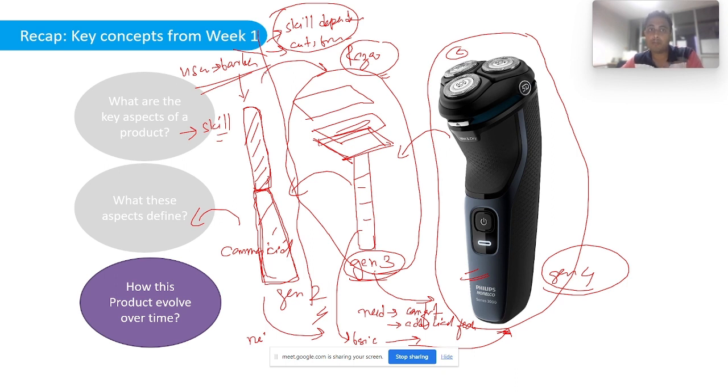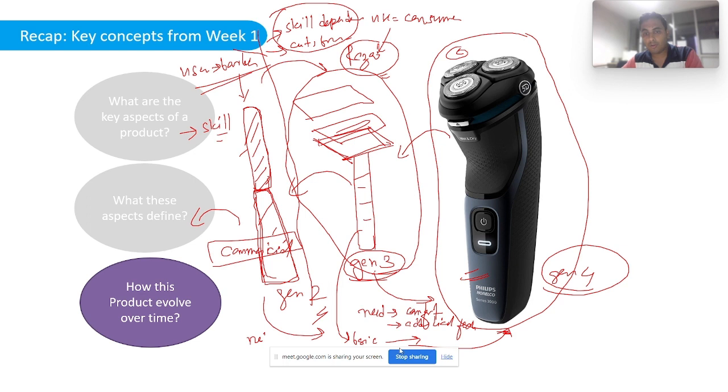Initially the users are barbers, and the space where this product was used is a barber shop. Now in generation 3, we have a razor, where the user is now the consumer, just generic people. And it is much safer and needs less skill compared to the earlier product.